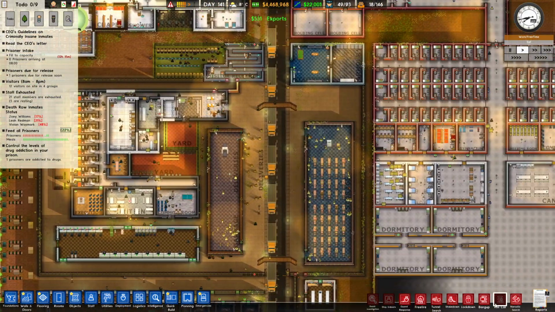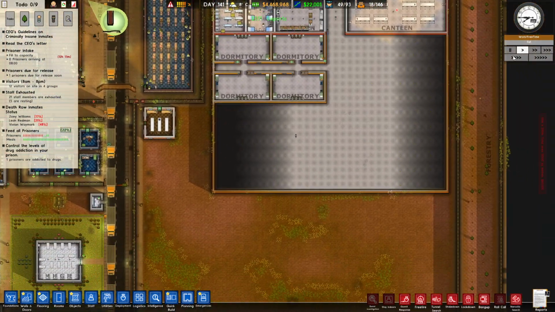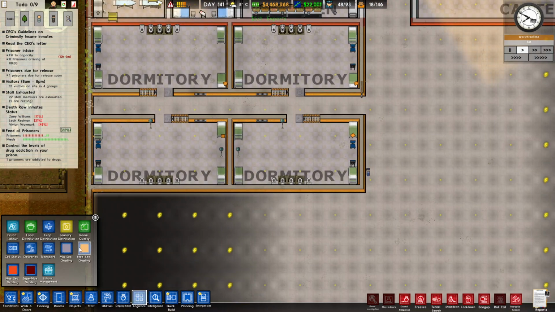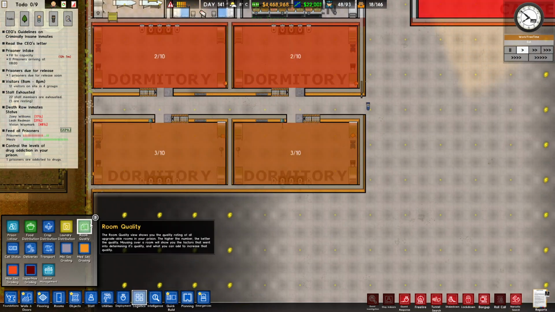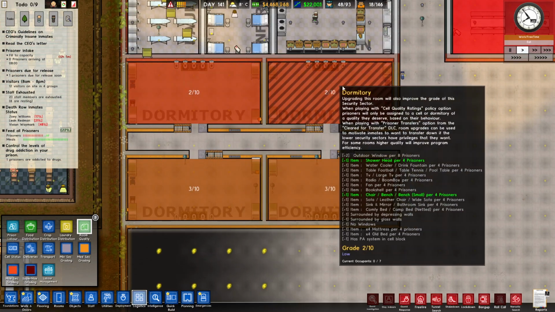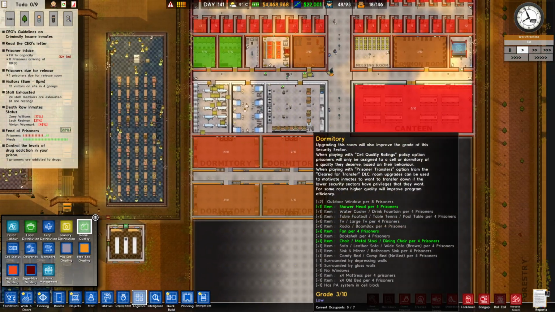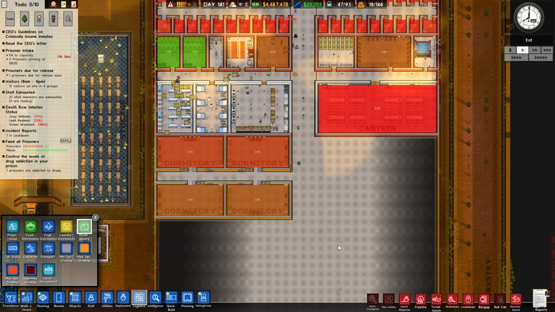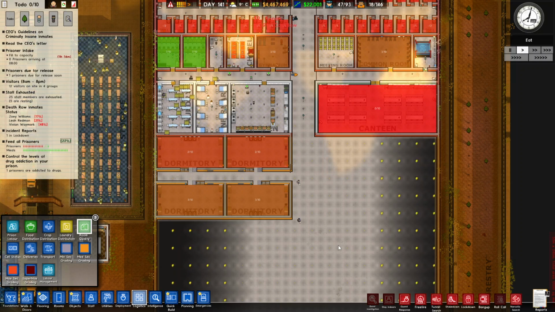Right, so the death row is causing a little bit of consternation, but at least everything's running. All we've managed to do, other than that, and babysit that, is set up these 4 dormitories. So we have a pair at 2 and a pair at 3, actually, haven't we? So we can do a 4 and a 5, and that'll be medium security, I think.